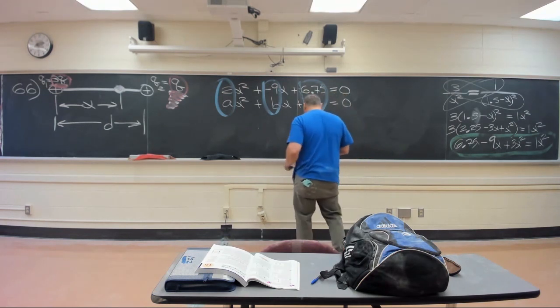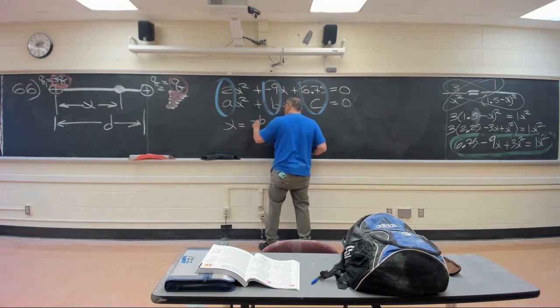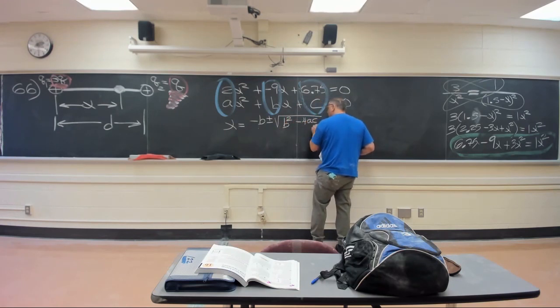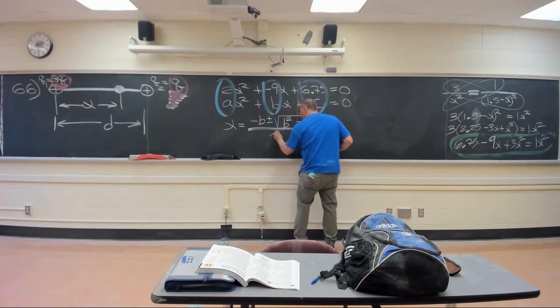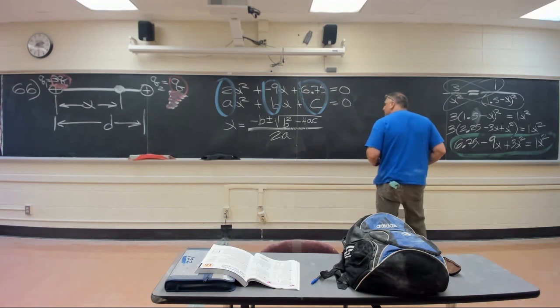Let me stay with the way I had this thing here. That's the opposite of b plus or minus the square root of the quantity b squared minus 4ac over 2a. What does that mean?